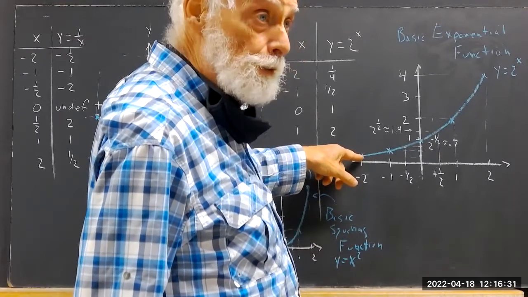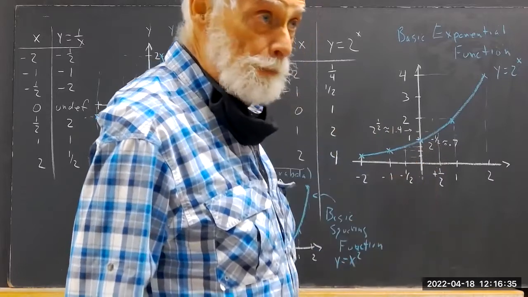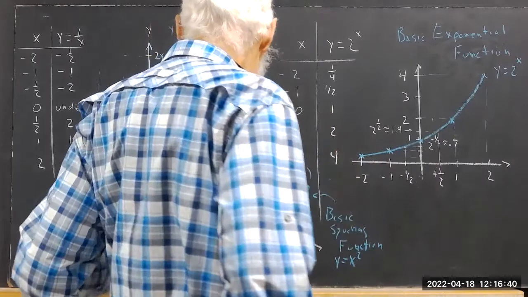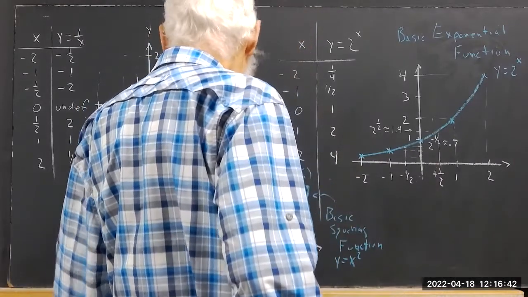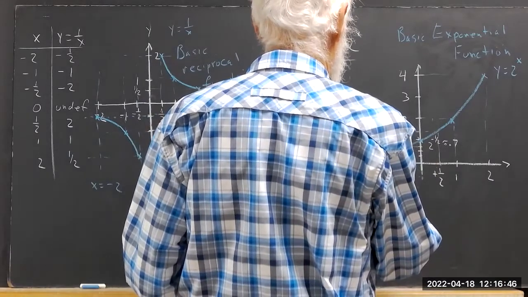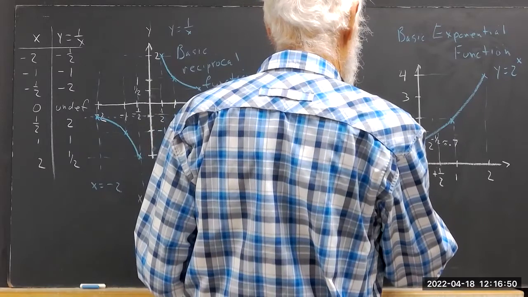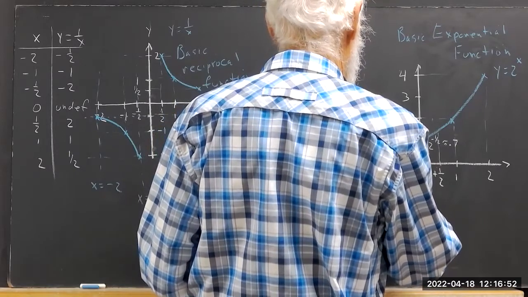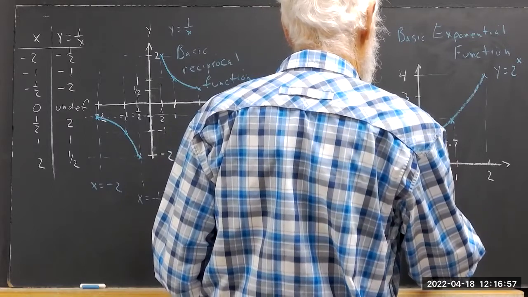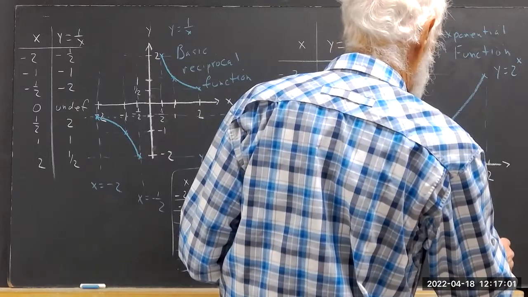If you take this function and reflect all the points around the x-axis, so this point reflects down to here, and this point reflects down to here, and this point reflects down to here, and this point down to here, and this point down to here.